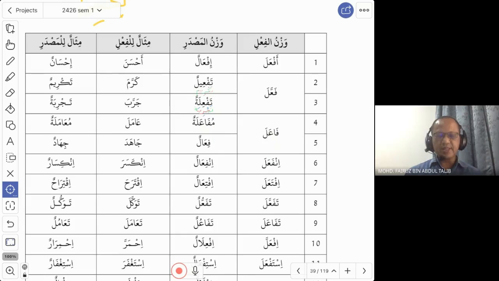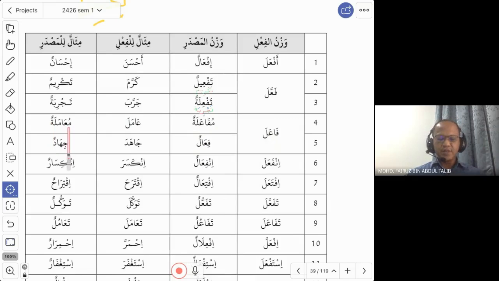The example is amala. If you want to find the mudari, you just change to yufa'ilu, then you will get the mudari: yu'amilu. Amala yu'amilu. Okay, what is the masdar? Mufa'ala, mu'amala. So you match the fa to the ain to the mim, and the lam to the lam, and add mim and add ta.